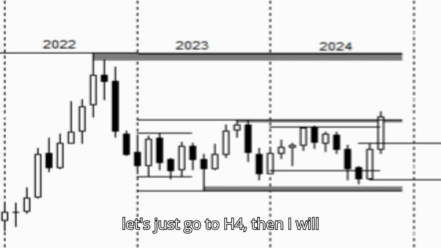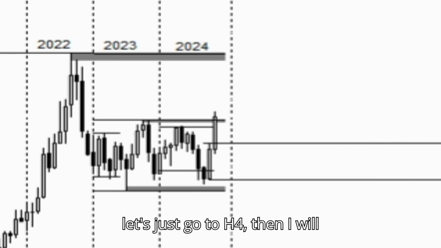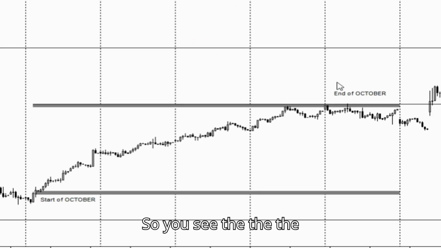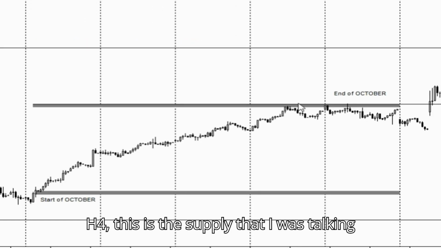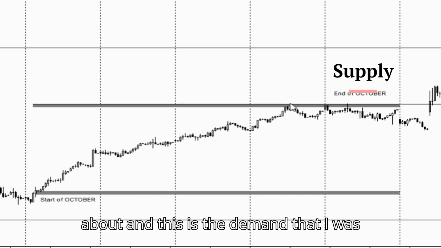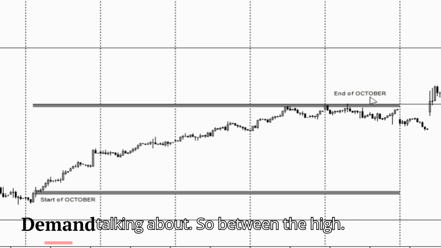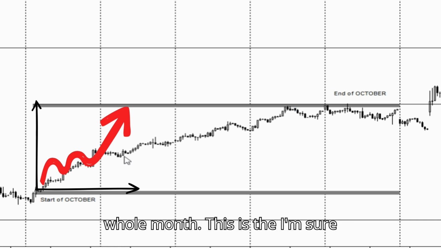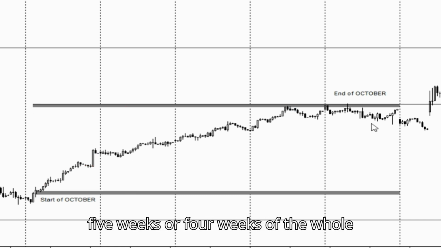So let's just go to H4, then I will confirm that for you. You see the H4. This is the supply that I was talking about, and this is the demand. Between the high and the low of this candle is the whole month. This is, I'm sure, 5 weeks or 4 weeks of the whole month.